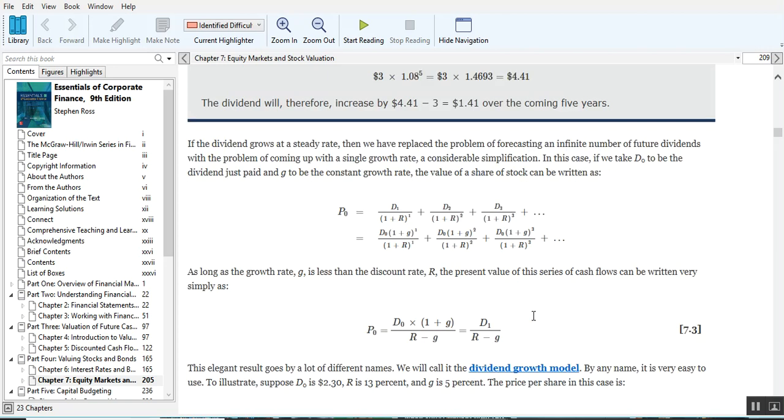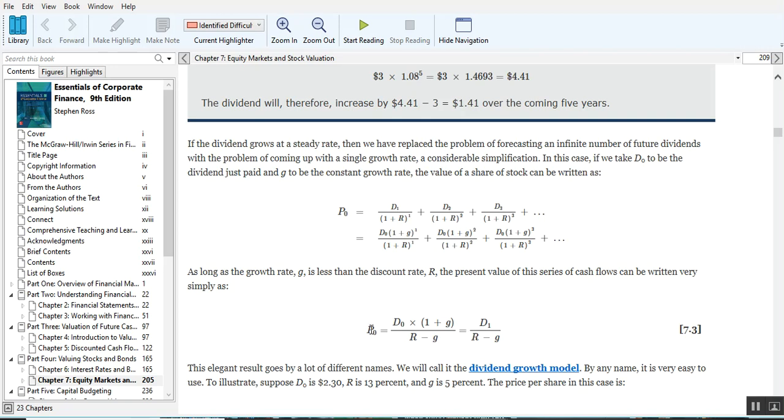Now, when we're looking at the price of the share of stock, we're going to look at these dividends as a series of cash flows, and we can write it this way. We can say the price of stock when there's a constant growth rate is the dividend that we have now times 1 plus the growth rate. That's going to be the price this year over the required rate of return minus the growth rate.